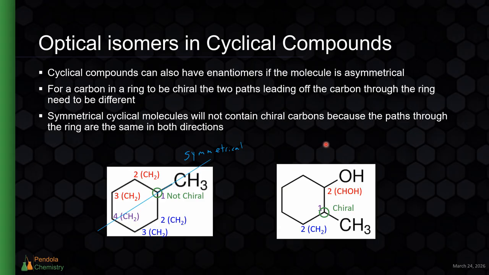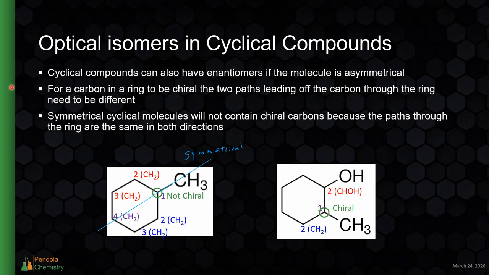So that's how we look at chirality and chiral centers in a cyclical compound, in a ring. The easiest way to do it is find the carbon that is a candidate for chirality and look for symmetry around that carbon.